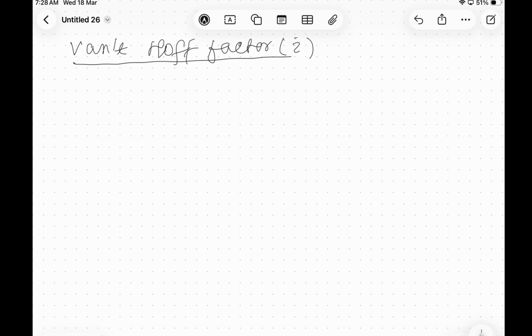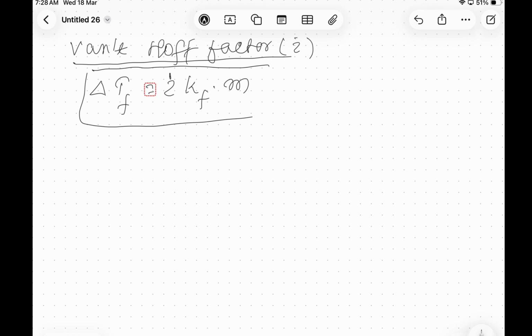In the formula delta TF is equal to KF into m, if you put i before KF, then i is the Van 't Hoff factor.